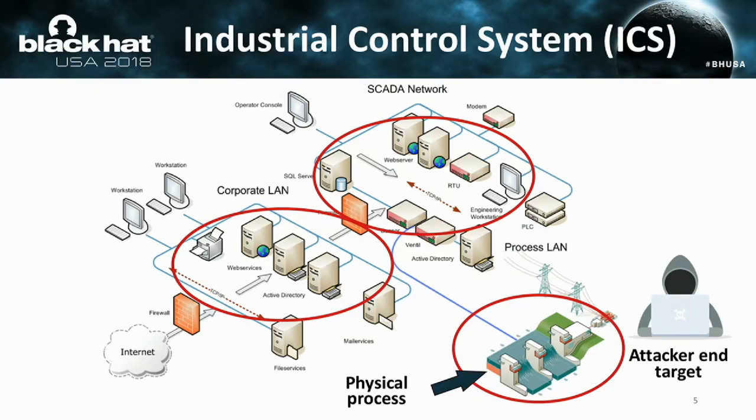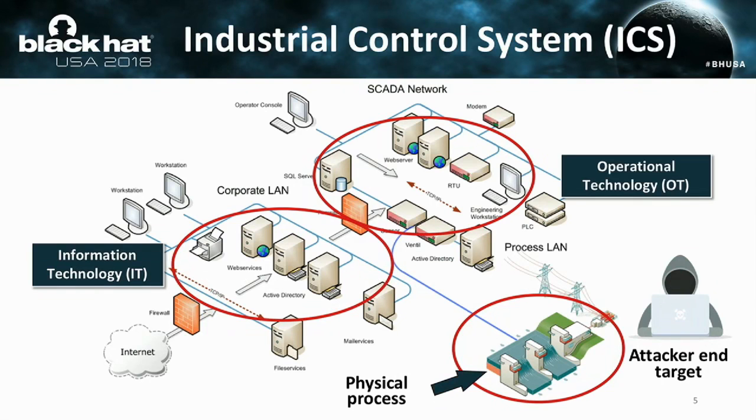Similarly to when an attacker penetrates a financial network and his goal is stealing money, when an attacker penetrates an industrial control network, his interest is in disrupting a physical application. Typically industrial control systems have a corporate network and a SCADA network, which look the same.